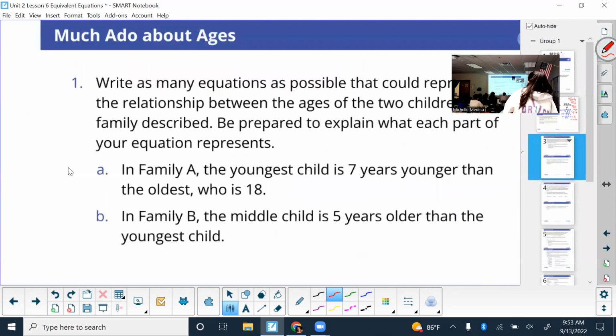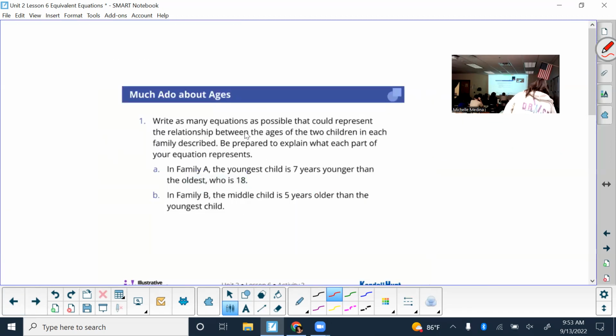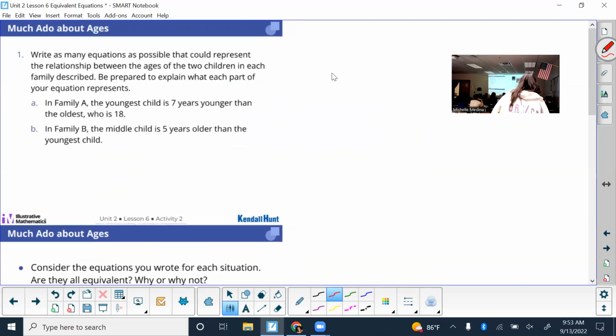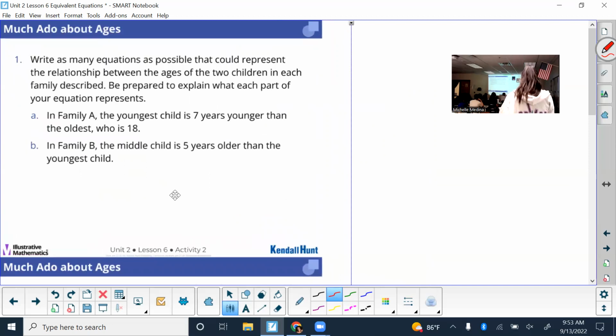All right, so then on to this activity, which is also printed on your note sheet. You're going to write as many equations as possible that can represent the relationship between the ages of 2 children in each family described. And if you're using a variable, just be able to tell me what the variable represents. So do you think you need to see one?